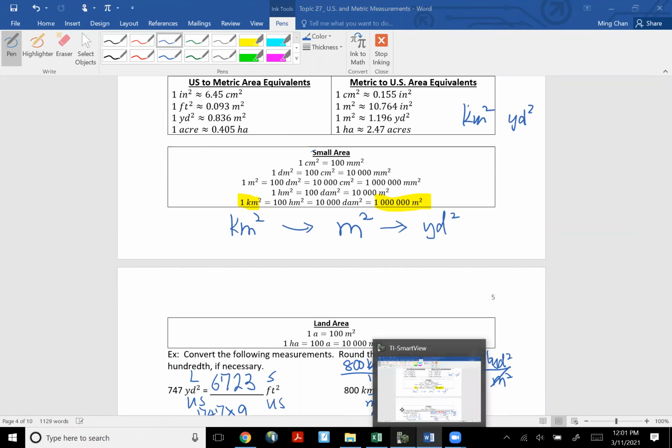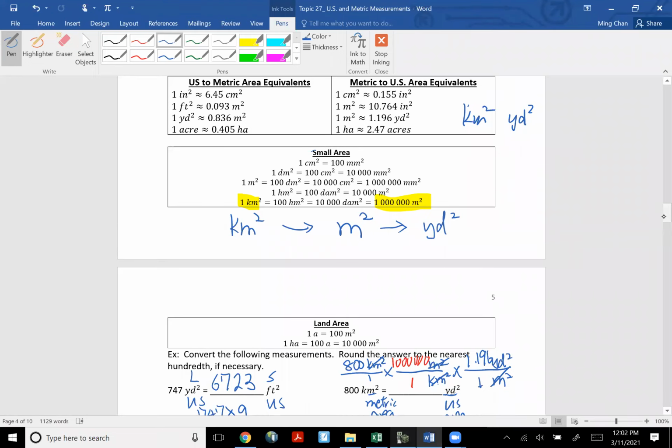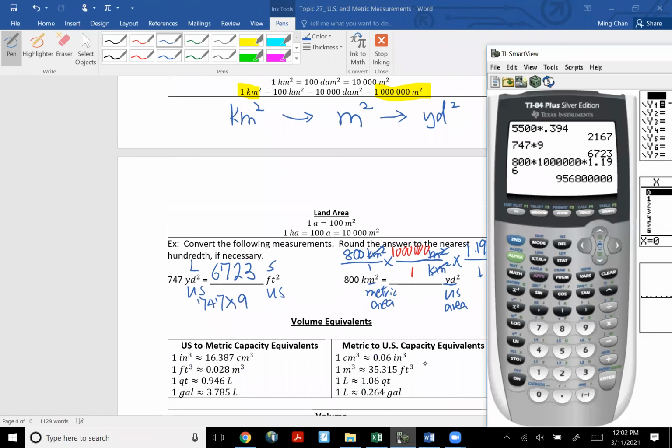This problem becomes 800 times a million times 1.196. There you go. That will be your answer for the square yards. That will be 956,800,000.